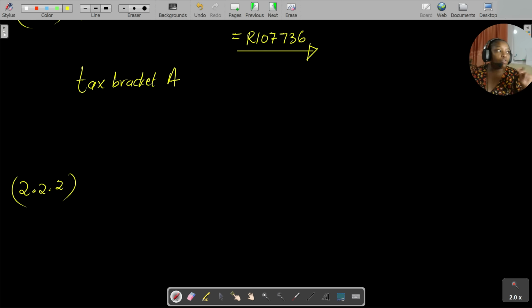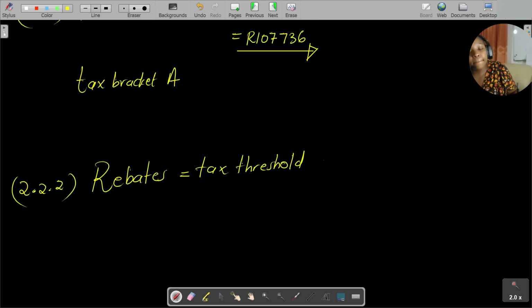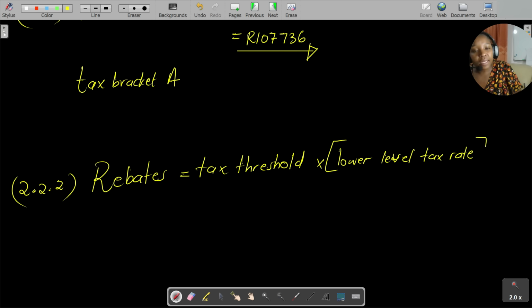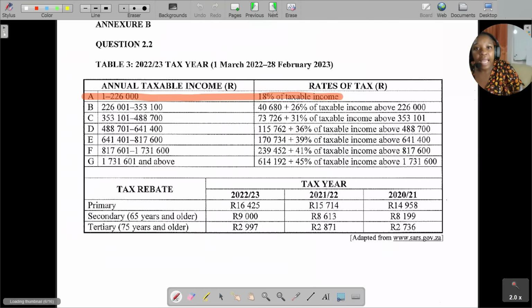How do we calculate the tax threshold from the rebates? We use this formula. It says that rebates is equal to tax threshold multiplied by the lower level tax rate. Okay, so what is meant by this? If you have a look at your rates of tax, this is the lower level rate of tax, that 18% there, right?